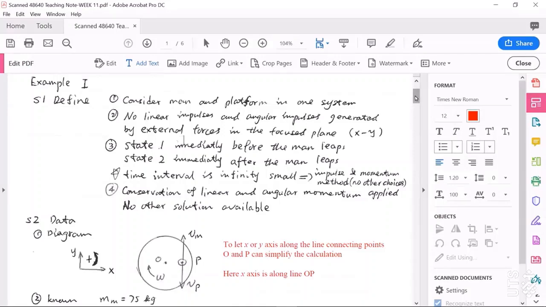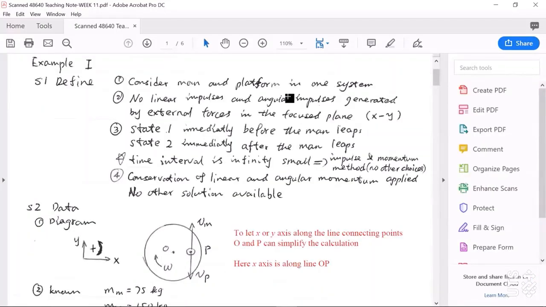Okay, we define this problem. We can consider this man and the platform in one system.